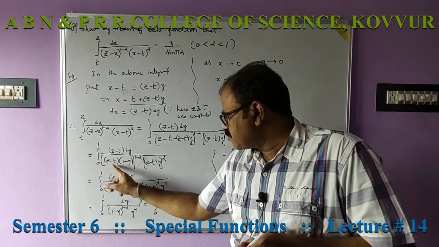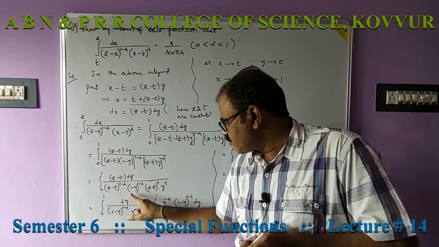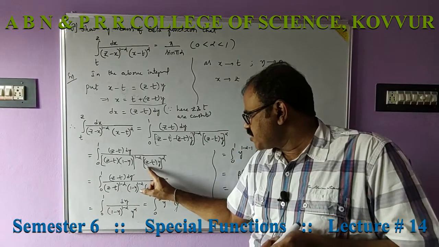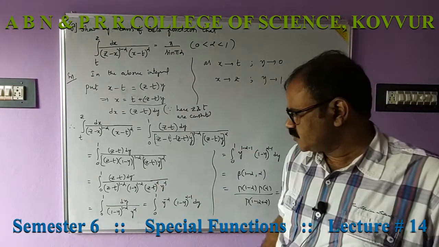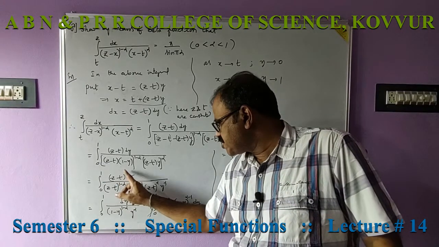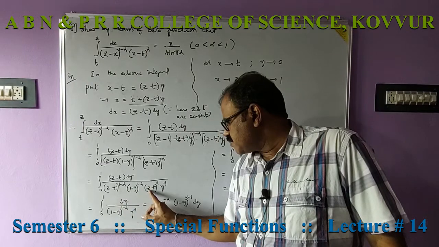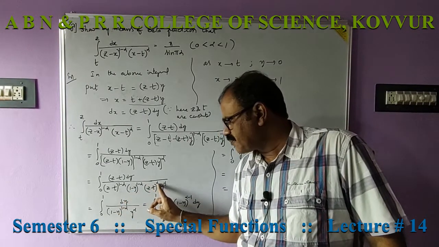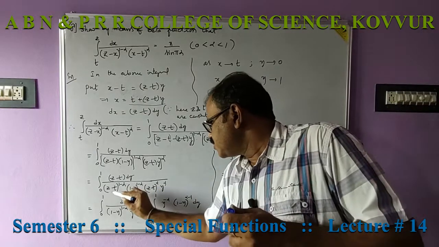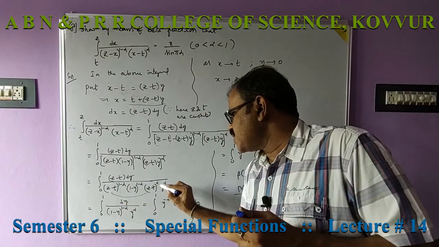So separating (z minus t) to the power of 1 minus alpha, (1 minus y) to the power of 1 minus alpha, (z minus t) to the power of alpha, y to the power of alpha. So simplifying, this is (z minus t) power 1 minus alpha, (z minus t) power alpha, that is (z minus t) power 1 minus alpha plus alpha.